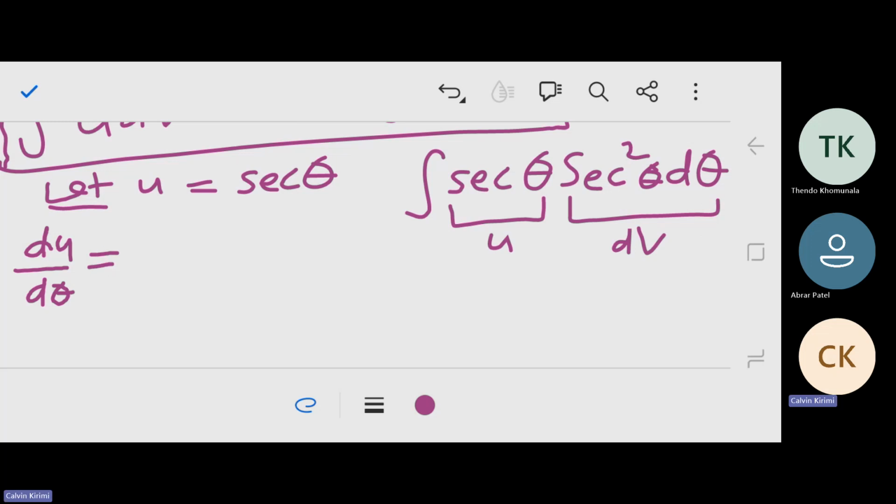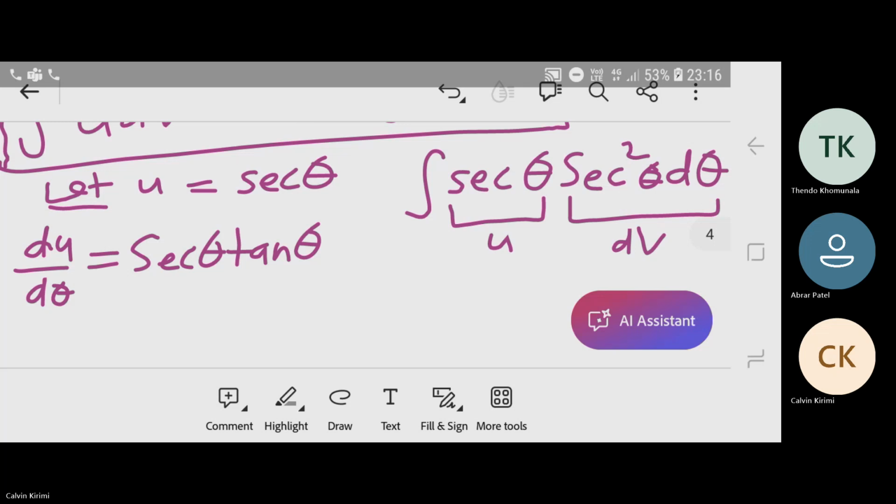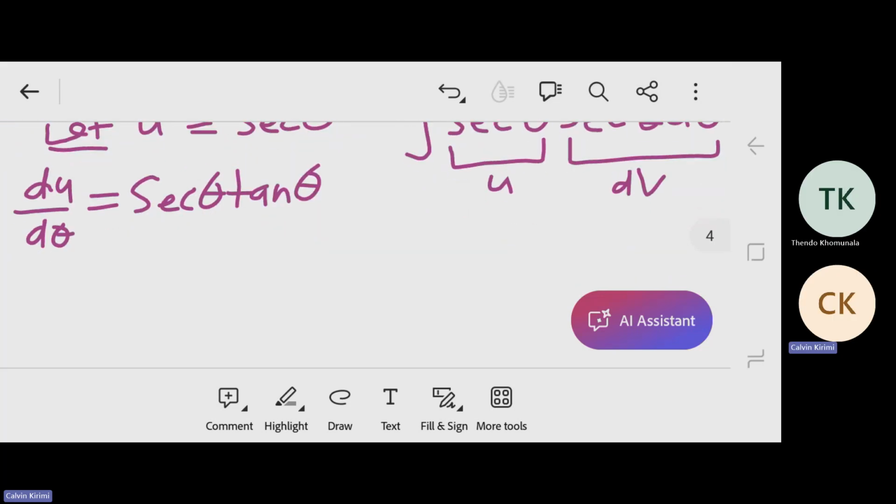We know when we differentiate secant theta, it's secant theta times tan theta. Then it's a matter of just putting du as the subject of the formula.